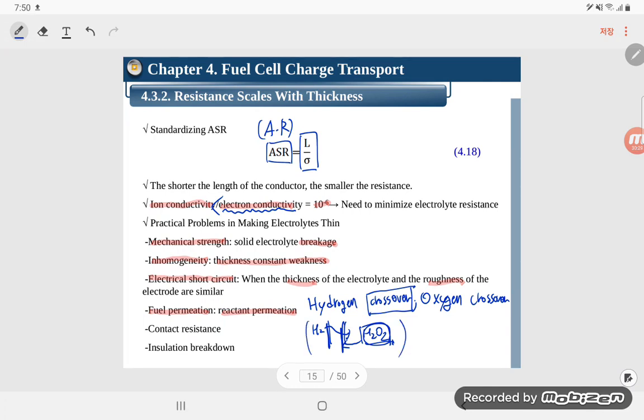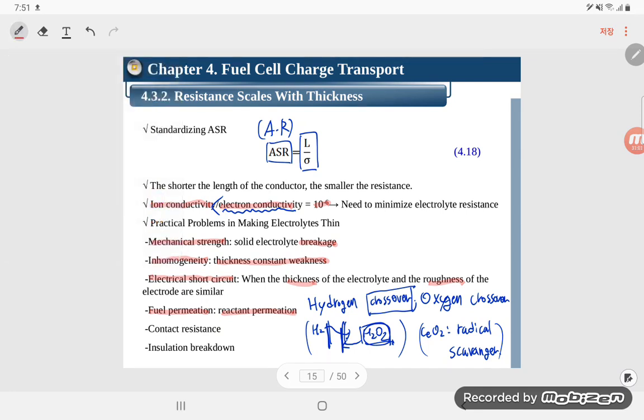So that is why nowadays people use ceria or other materials for reducing these chemical attacks. That is called a radical scavenger. And the other thing is contact resistance.